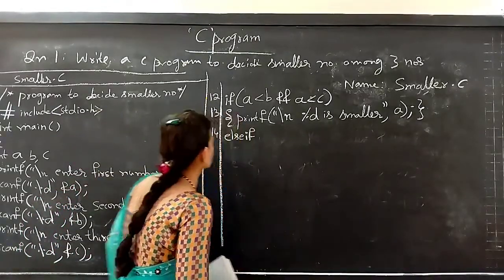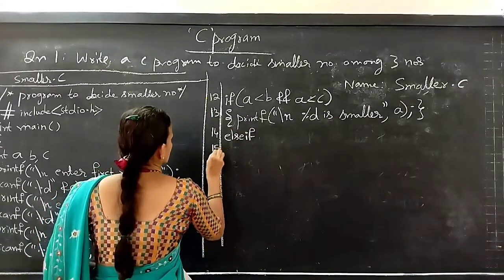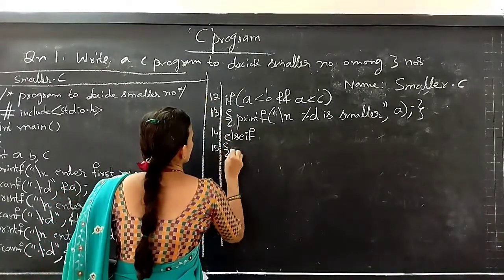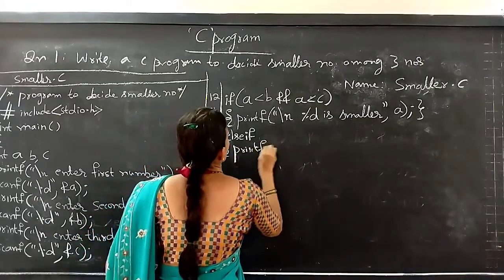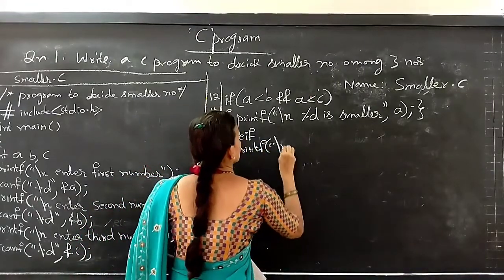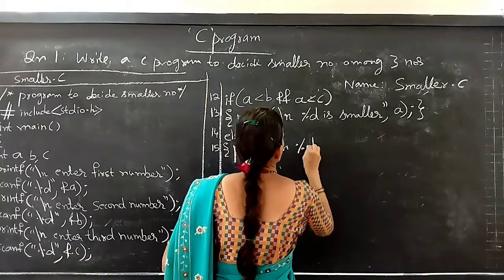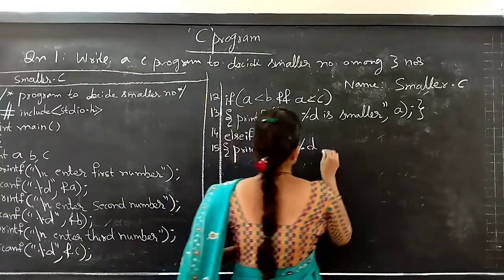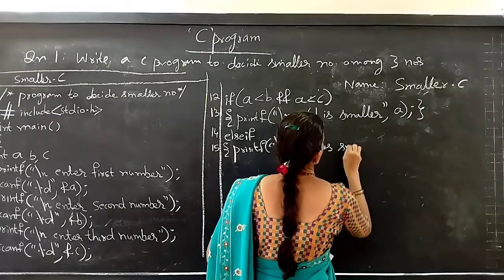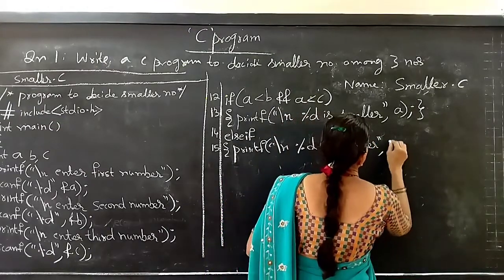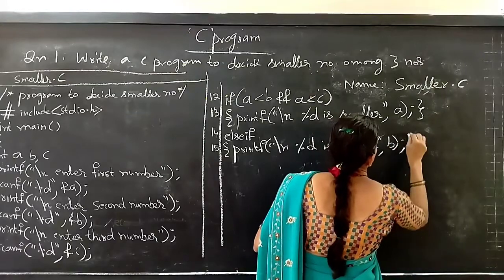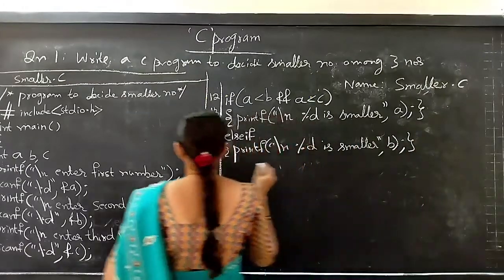Next, checking with the next condition, you have to write printf, open quotes, backslash n, percentage d is smaller, comma B, close flower bracket.